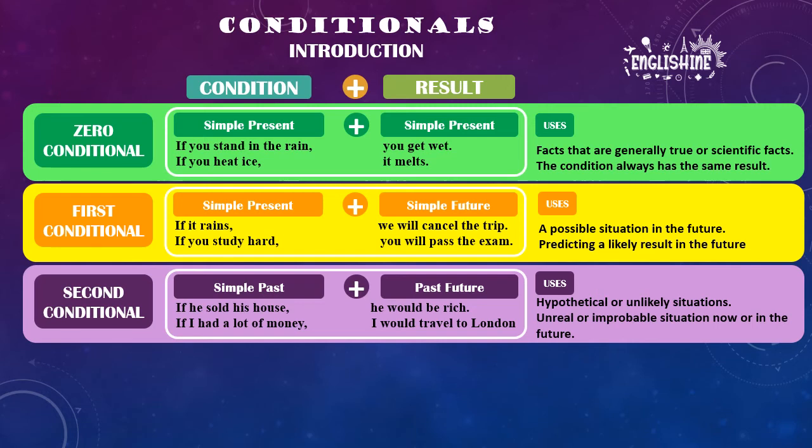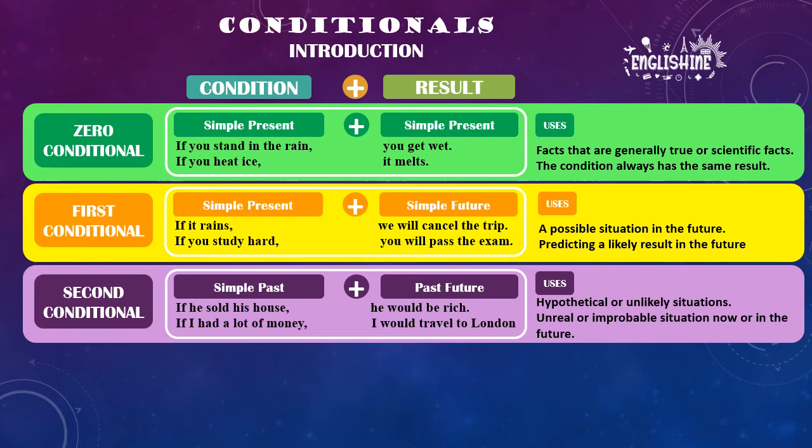For example, if he sold his house, he would be rich. It is unlikely that he will sell his house because he likes living there. But in this hypothetical situation, this is what he would do.